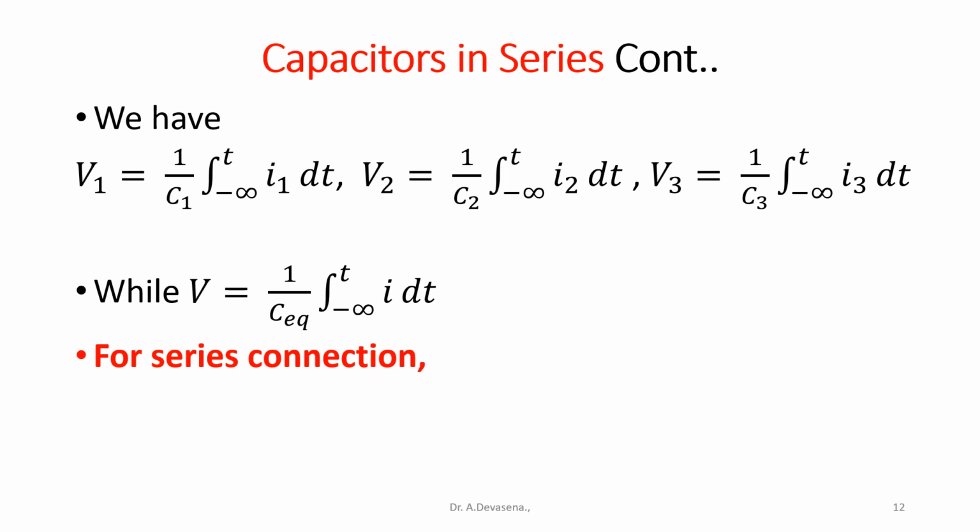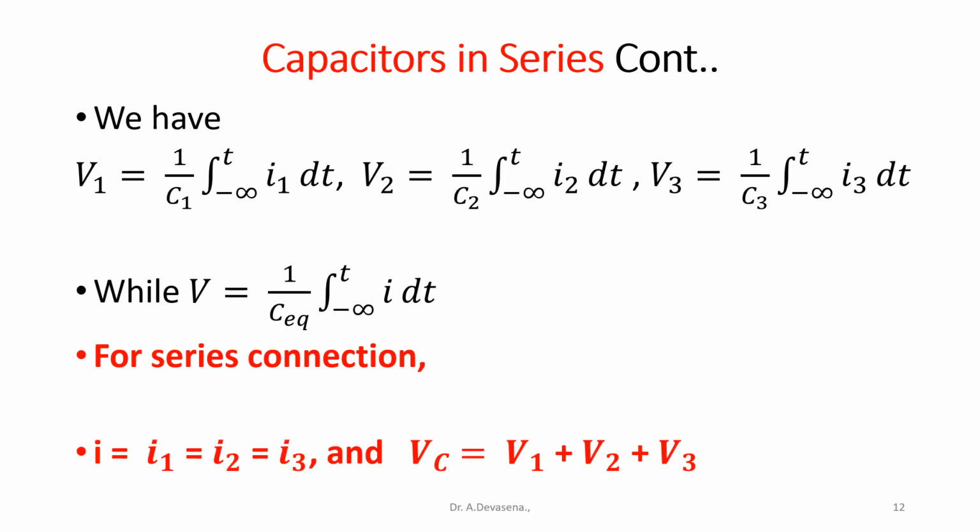For series connection, the same current is flowing through the circuit. That is, I is equal to I1 is equal to I2 is equal to I3. And the voltage across the capacitance VC is equal to the sum of the individual voltages across each capacitor.